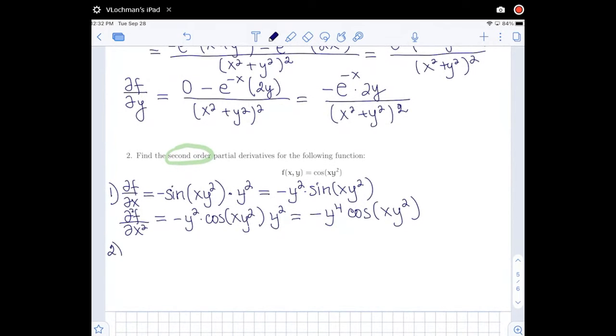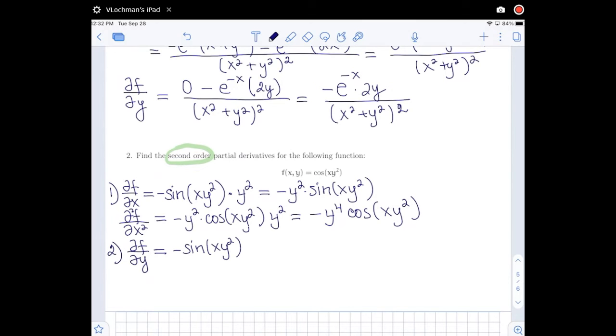Let's do the same steps for y, df dy. Derivative of cosine is negative sine. Derivative of the argument with respect to y. What is it?